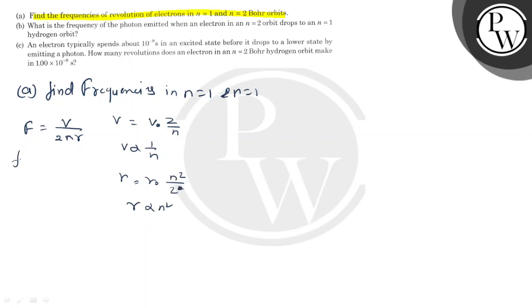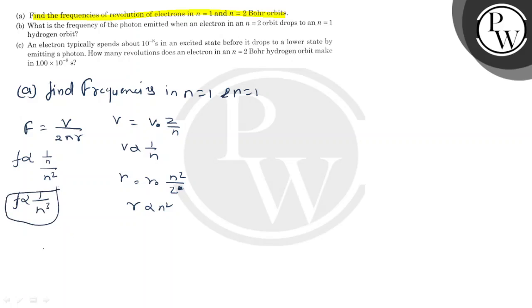Then frequency is proportional to 1 by n divided by n square, so frequency f is proportional to 1 by n cube. This relation is very useful further on.